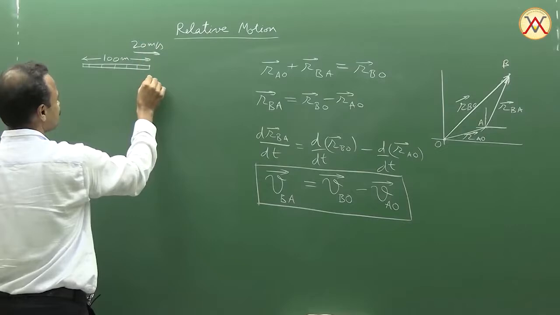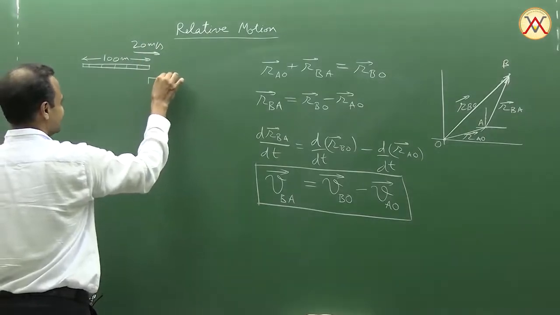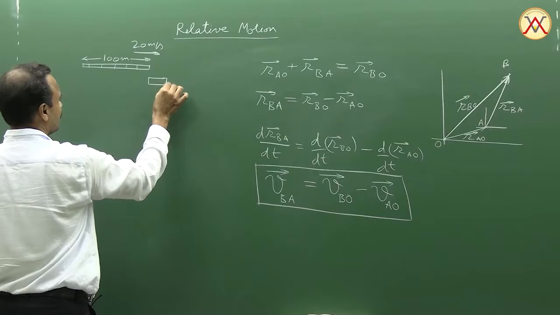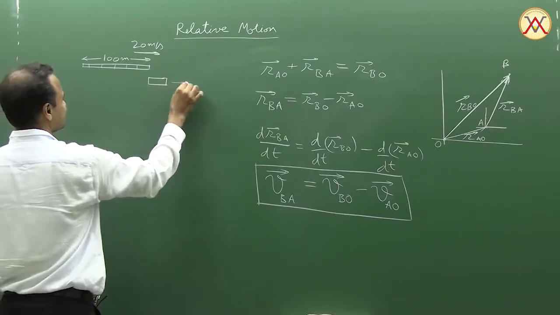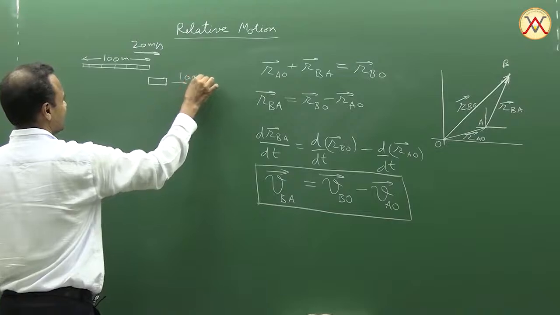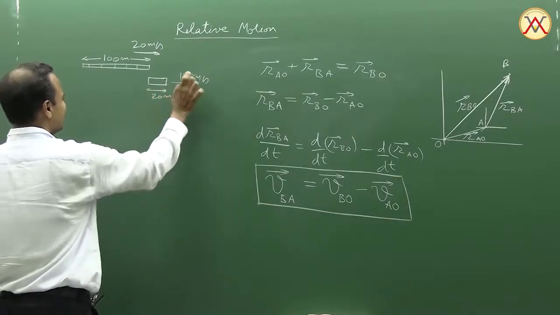And on this road along the tracks, we have a bus. The bus is also moving in the same direction, but the velocity of the bus is 10 meters per second. The length of the bus is 20 meters.